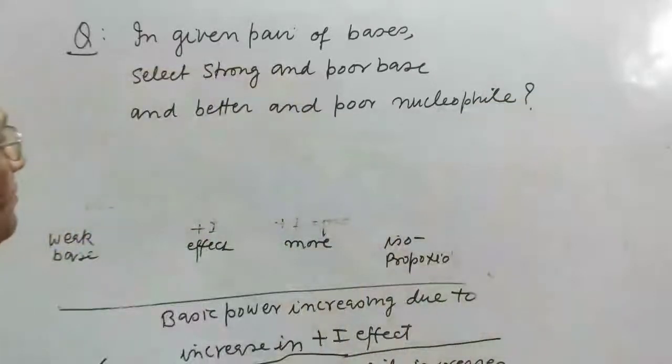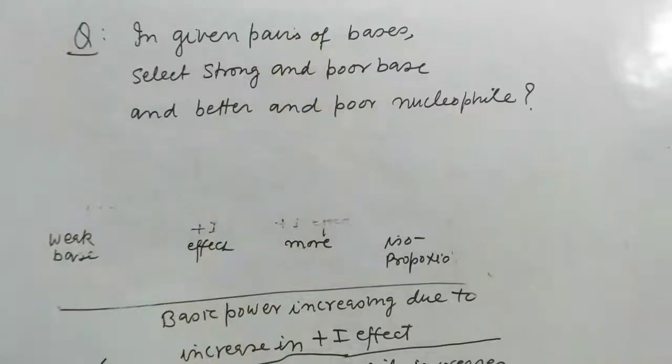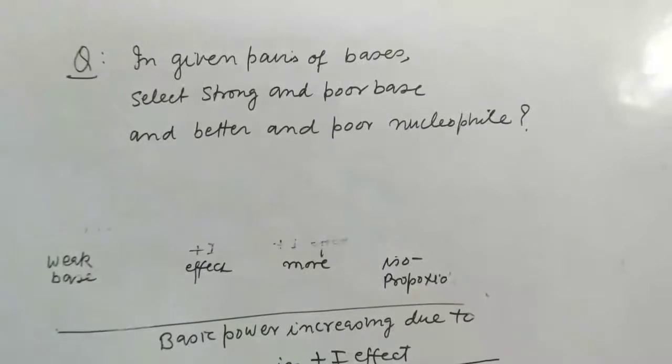This is the question. In given pairs of bases, select strong and poor base and better and poor nucleophile.